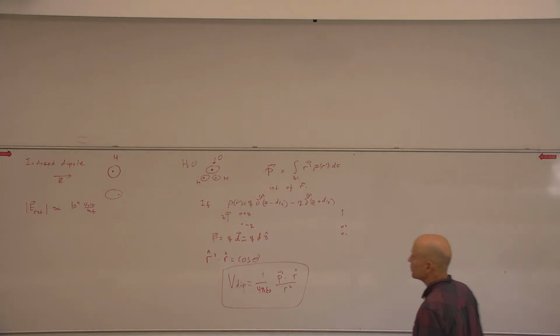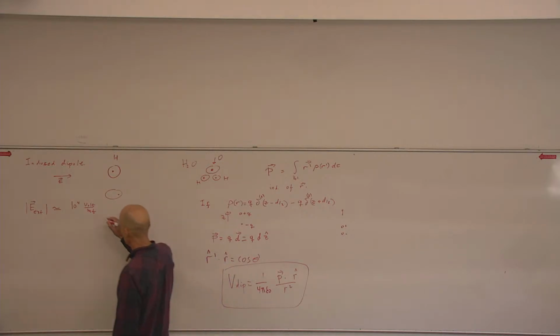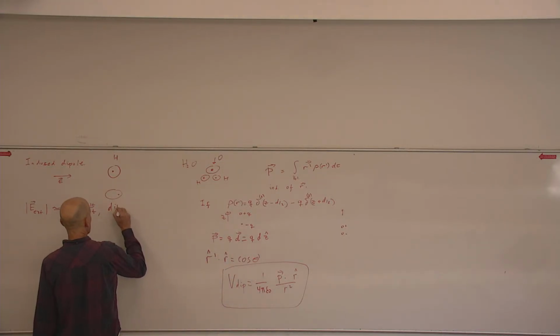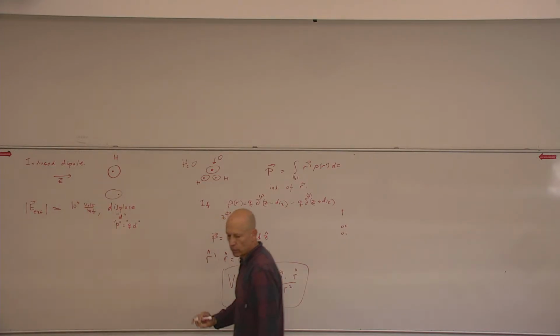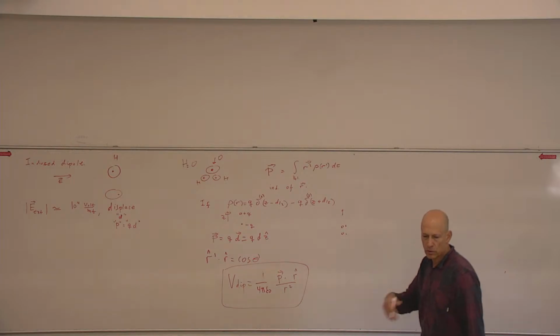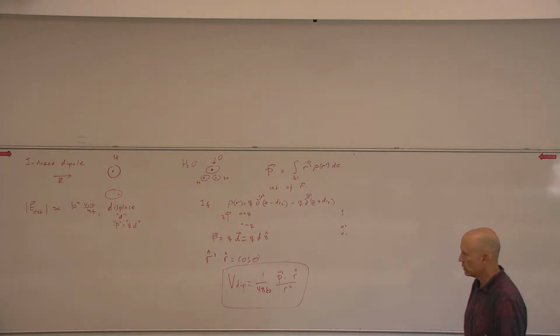The displacement is roughly, we can calculate this, the displacement, so this is the D, which is in the P equal QD. I put quotation marks because everything is very rough. This is the real physics. The rest is just making it more precise.